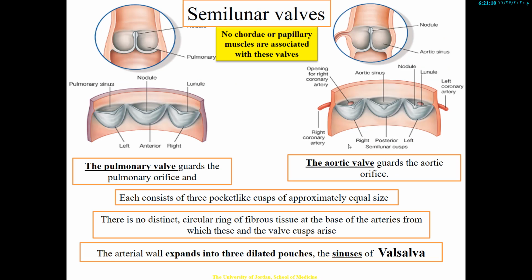So the structure of the semilunar valves is just a fibrous ring and cusps, and these cusps are 3 in number. Of course, instead of just cusps that are attached to chorda tendineae and to the base, to the fibrous ring, they are rather forming pockets, and these pockets close when the pressure gets back to normal in the wall of the aorta or the pulmonary trunk.